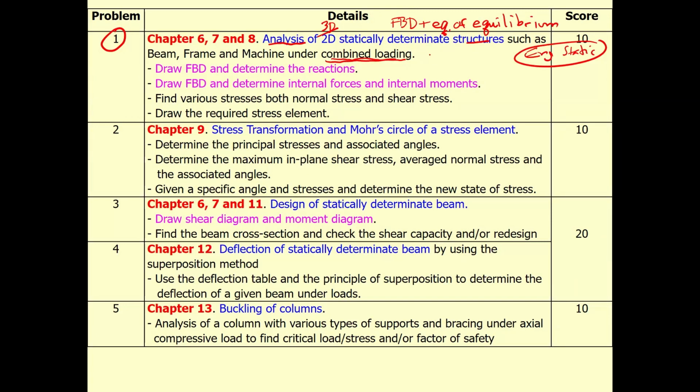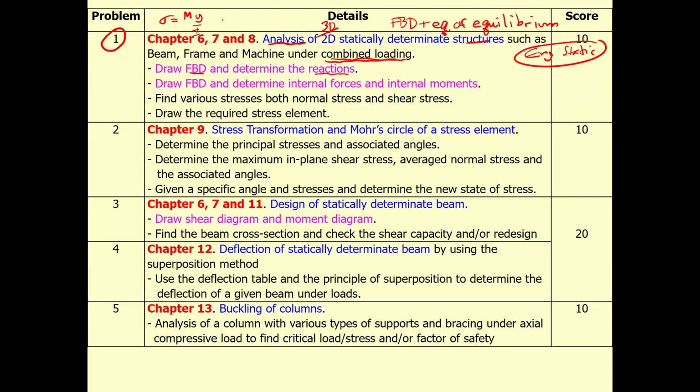For sure, after you have the structure, you draw the free body diagram, use the equations of equilibrium, and determine the reactions. Then in chapter 6, we have the equation sigma equals the internal moment times y over I.